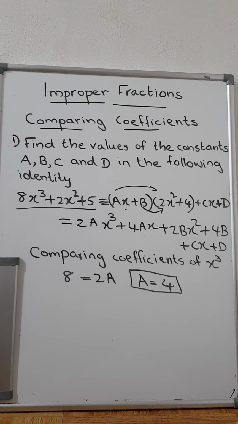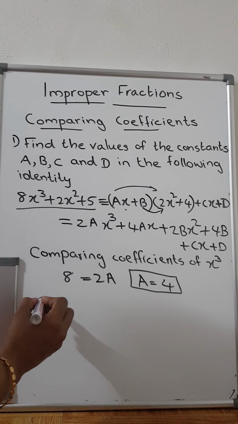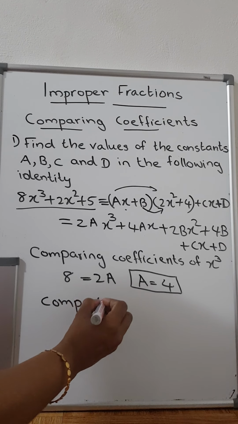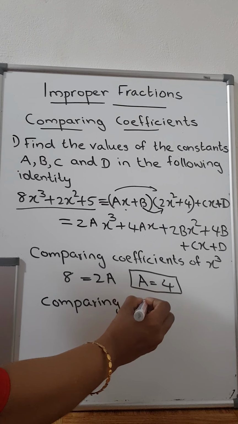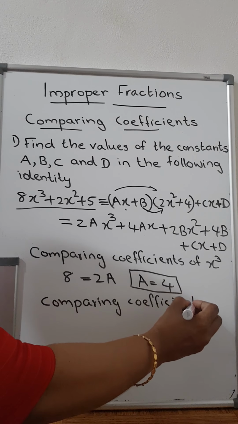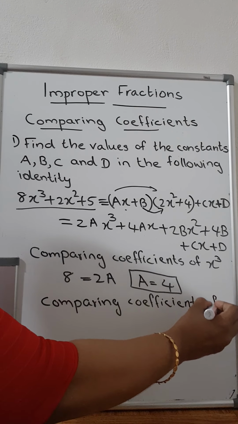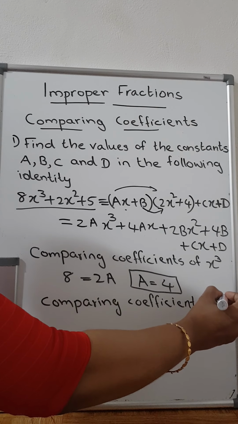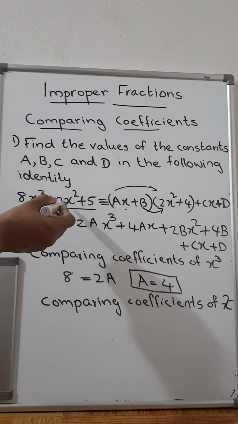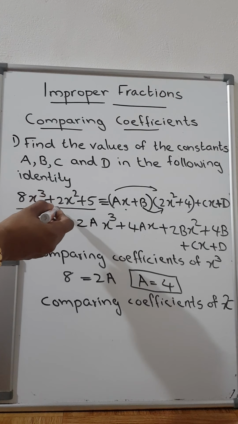Now we compare the coefficients of x squared. On the left hand side the coefficient of x squared is 2.